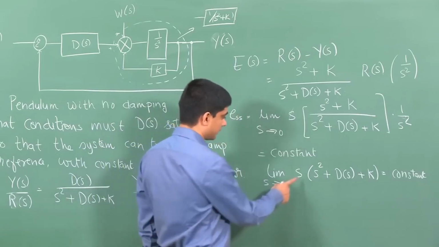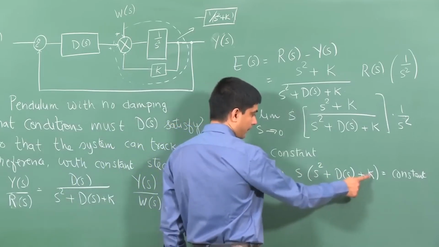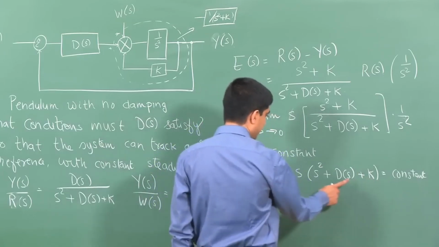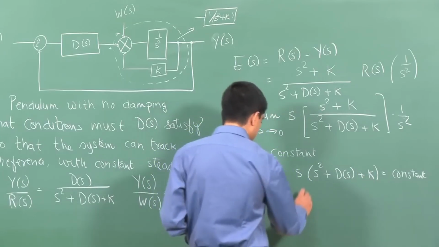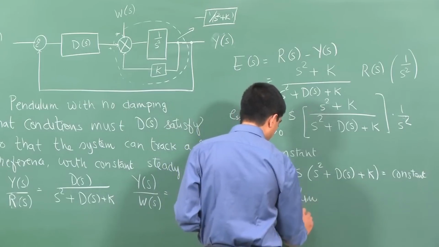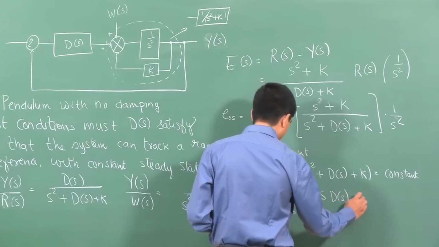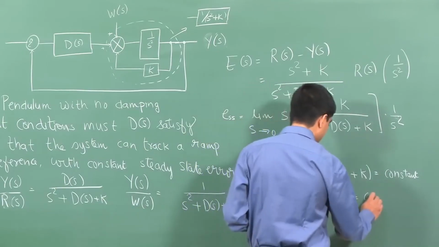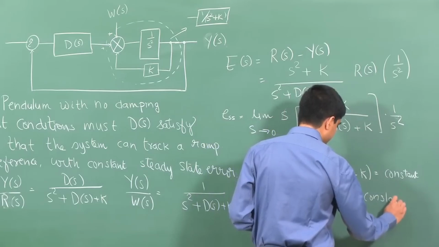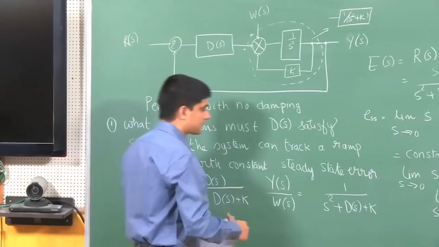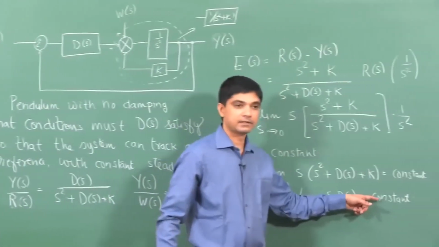Okay. So the first term goes to 0, the third term should also go to 0 because I cannot change k. Now let us see what it is. So this means that limit s going to 0 of s times D(s) should be a constant. So what should be the nature of D such that s times D(s) is a constant?